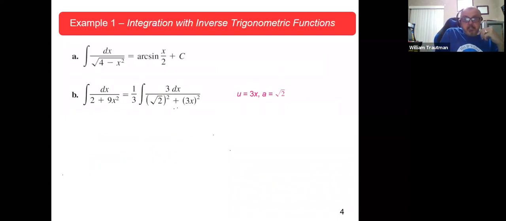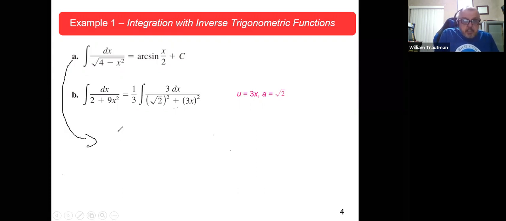And let's take a look at a couple of these. So once again, look at number 41 on the 100 formula sheet. The formula is 1 over the square root of a squared minus u squared du.